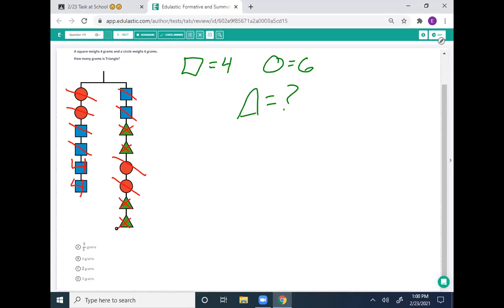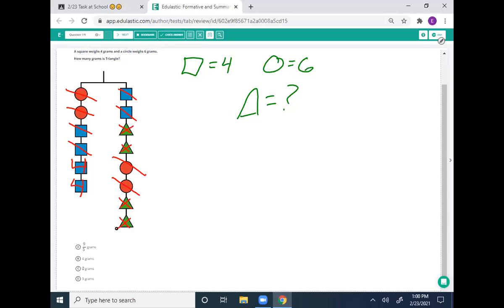What can I create here? Remember, these hangers represent our balance, right? So we can set one side equal to the other side. We can say that each side is equal to each other because it's flat on top. Equal, right? So we can create an equation. How much do we have on the left-hand side here?